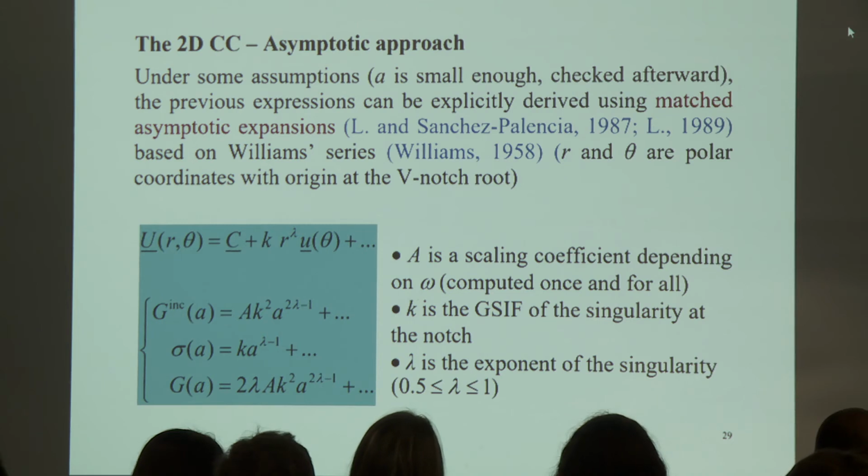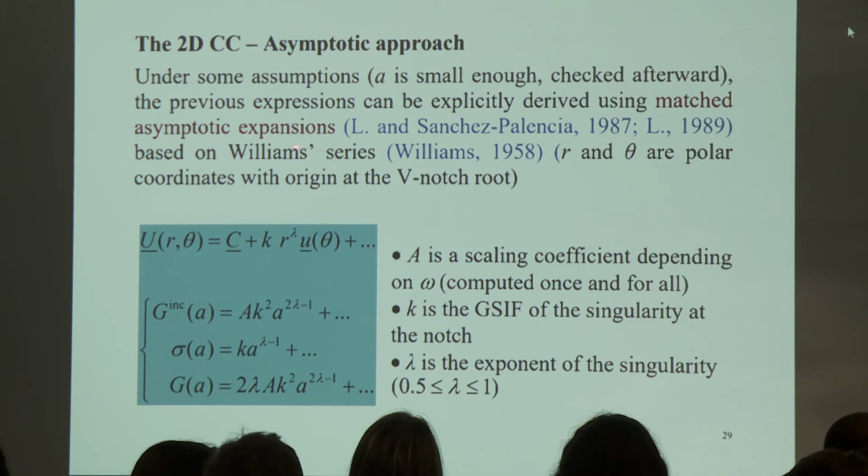Okay, a few words about another approach that allows a quasi-analytical expression of the criterion. We use the Williams expansion here, and we also use a matched asymptotic expansion procedure in order to derive this relation. This is the Williams expansion.